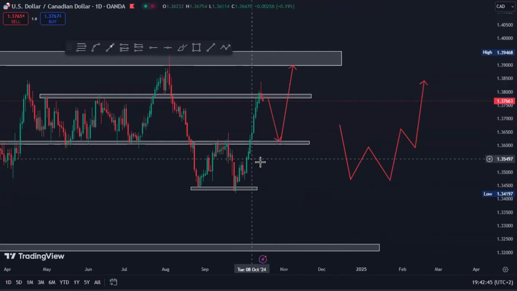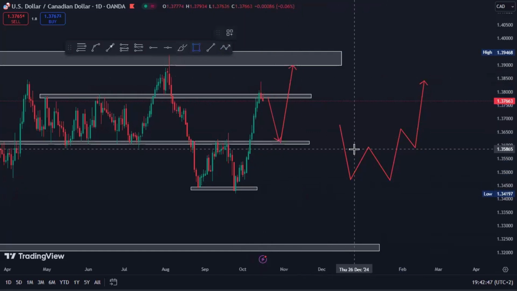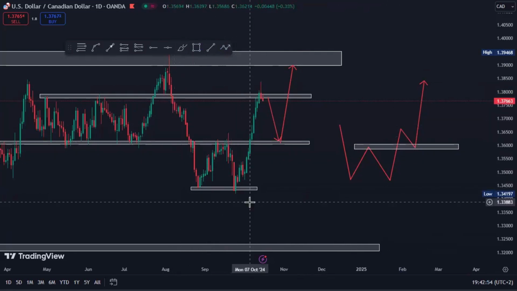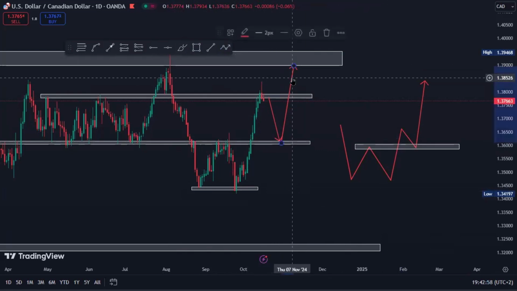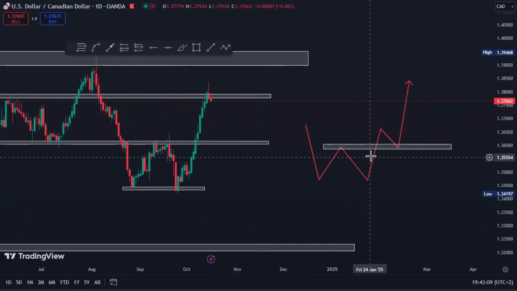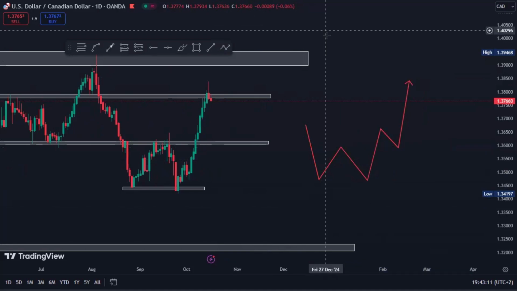So this is what we're expecting on this zone. So here, as you can see, it's an M pattern, it's a W pattern. We want the market to come back to retest this level and push up. So please, guys, be cautious with this one, be conscious with this one, and check it so that you can be profitable on this one.